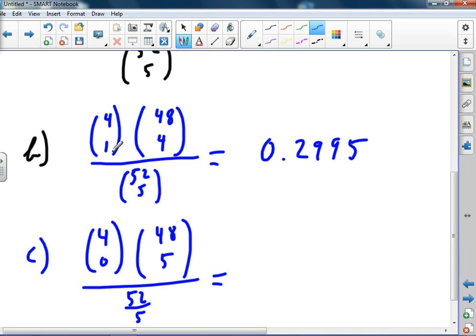So I got 48 things taken 5 at a time divided by 52 things taken 5 at a time. I'm talking and not punching the keys, that's my problem. 0.0749. Is that what you got?